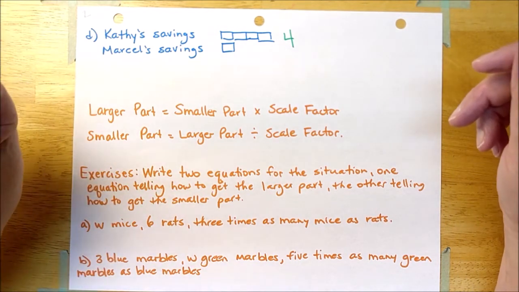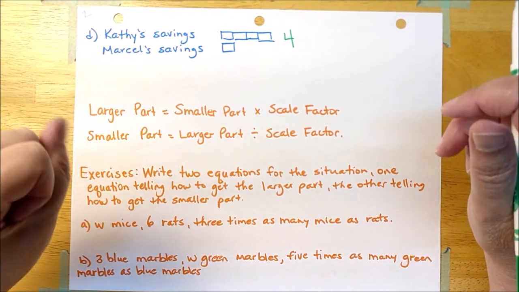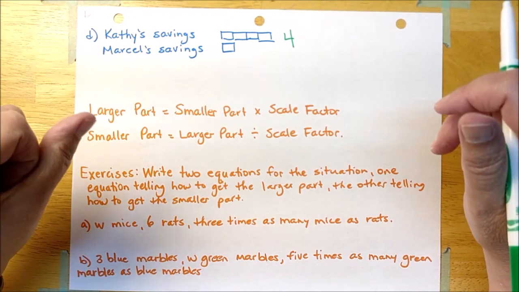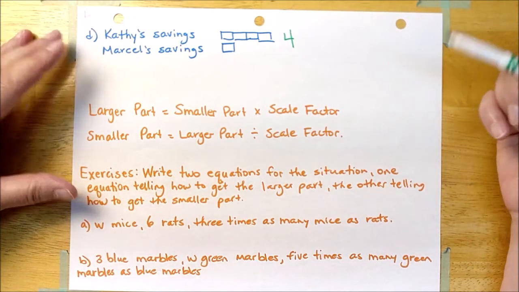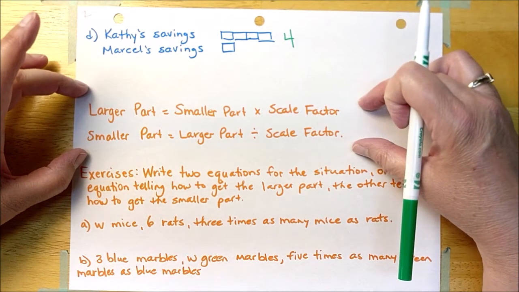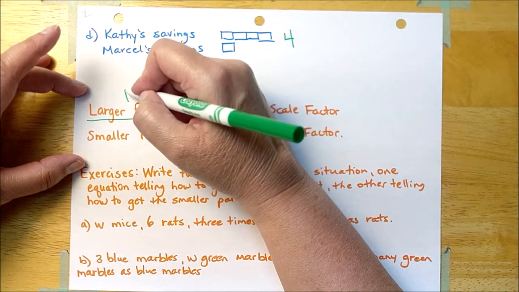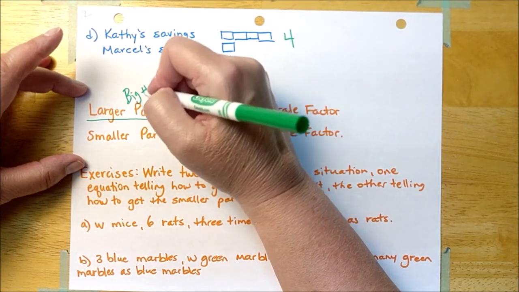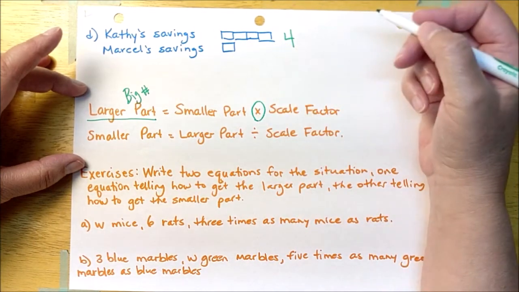Okay. So the scale factor can help us write 2 equations that show us how to find either the larger part or the smaller part. So these are the formulas that you're going to want to think about today. So the larger part, which is the big number, is going to be the smaller number times the scale factor.